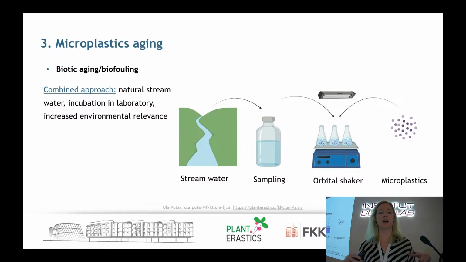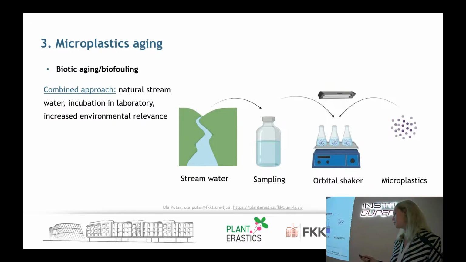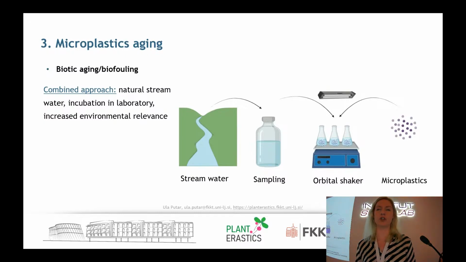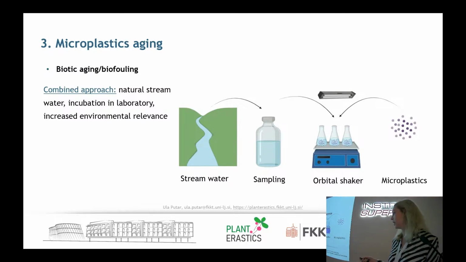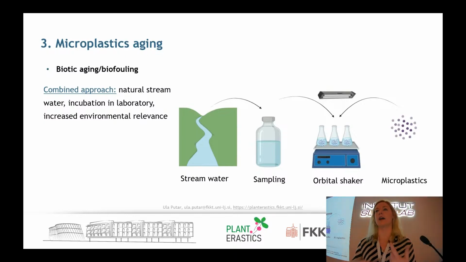So we collect natural stream water, fresh water from the environment, take it to the lab, and then expose microplastics to this water under controlled conditions, like controlling the light and the temperature, usually on some orbital shaker, and just changing the water every week, every 2 weeks, and so on, to get this beautiful biofilm and aged particles that can later be used for other research.